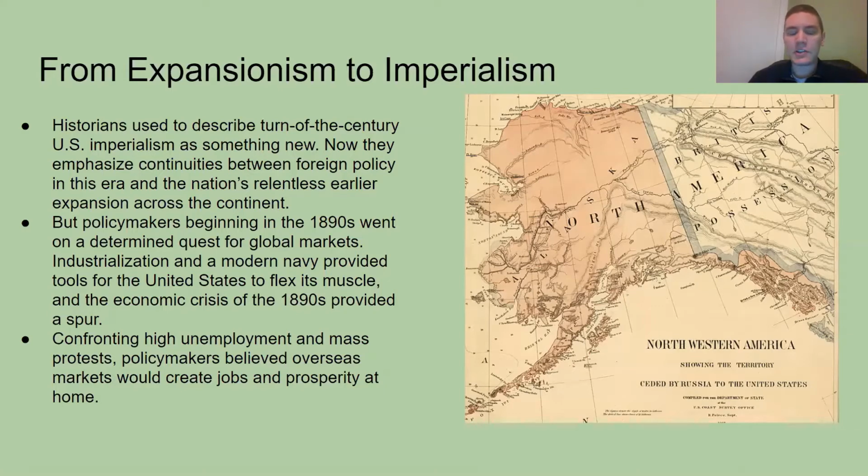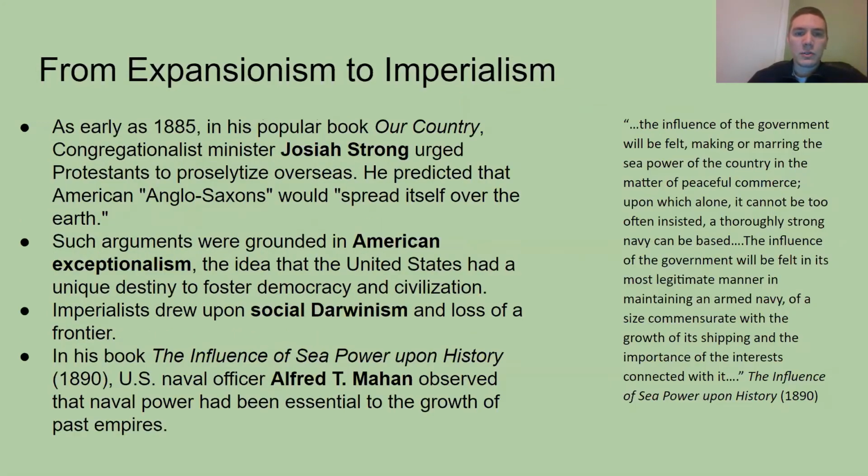We find a lot of natural gas and oil in Alaska. Hawaii is going to be good for fruit plantations, and economically it's going to be good as a base to trade with other countries. So we begin to expand beyond our borders, and this is all seen as a positive thing by many powerful Americans.